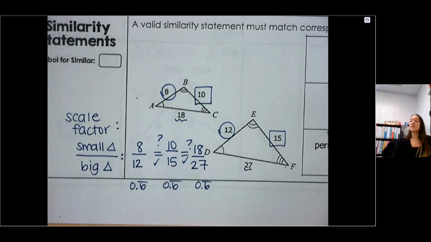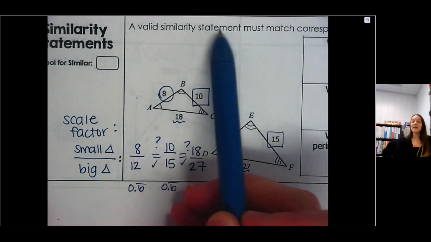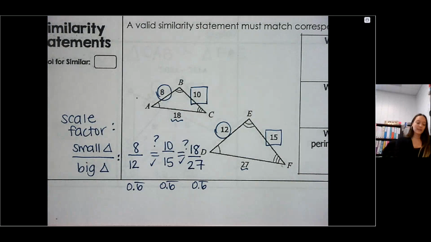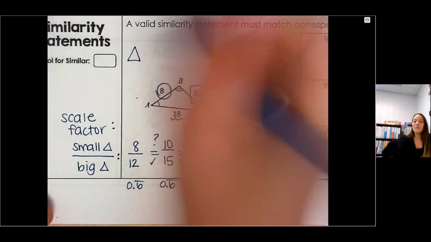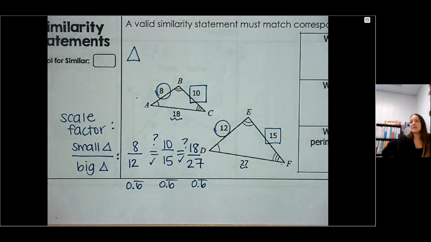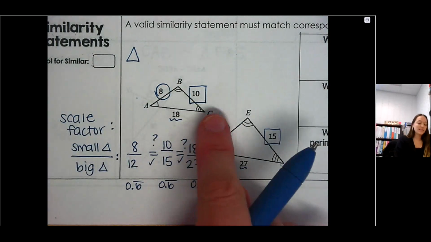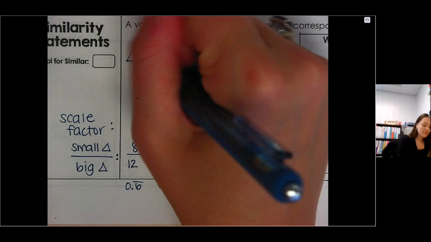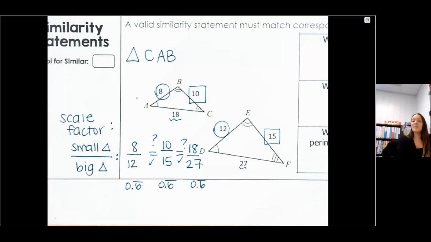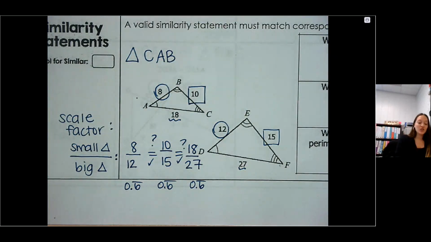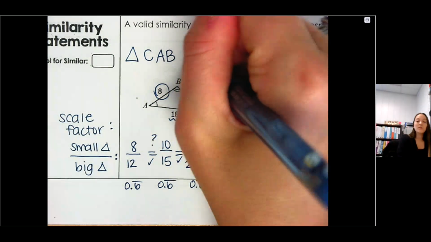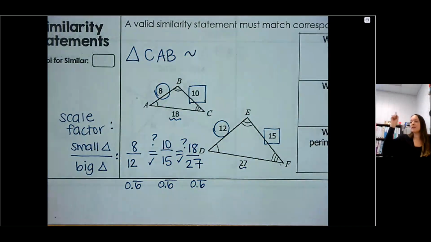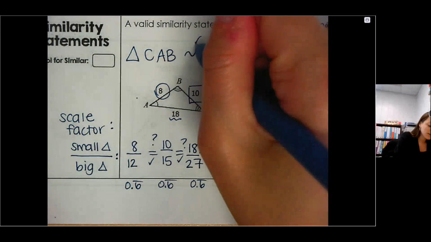So last thing we can do is write a similarity statement or a sentence. Okay, so here's our sentence. Triangle, I'm going to call this one CAB. Triangle CAB is similar to, and the similar symbol is just the squiggly line, nothing else. This means similar.